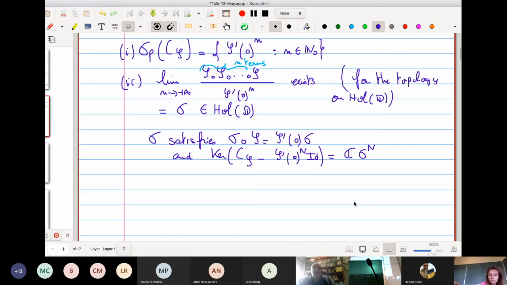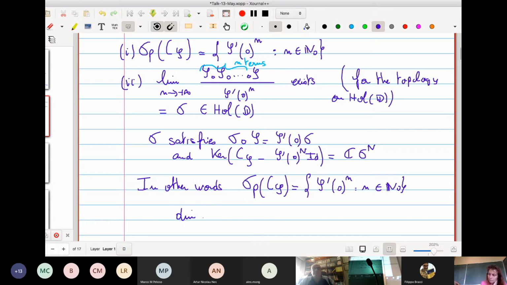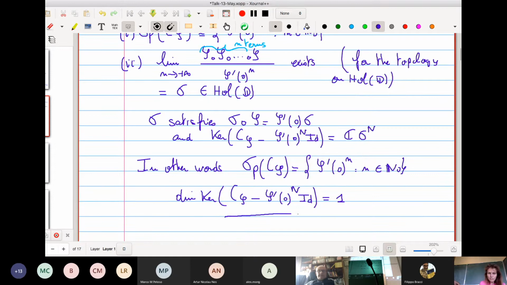So in other words, Koenigs proved that the point spectrum of C phi is just this set, and the dimension of each eigenspace is 1, generated by sigma to the n. Okay, so that's an old result.